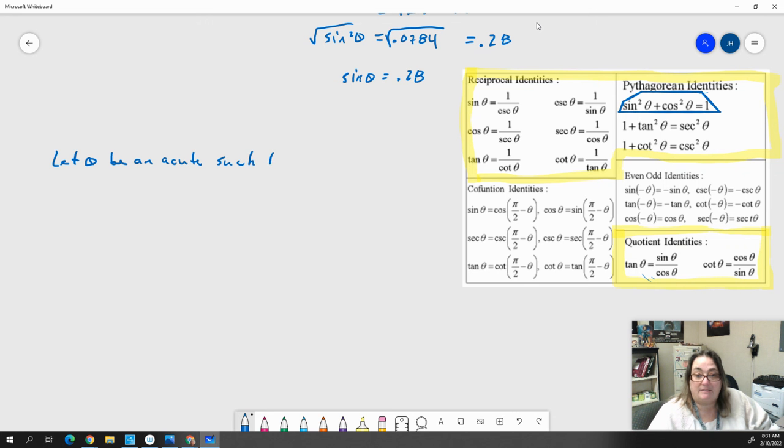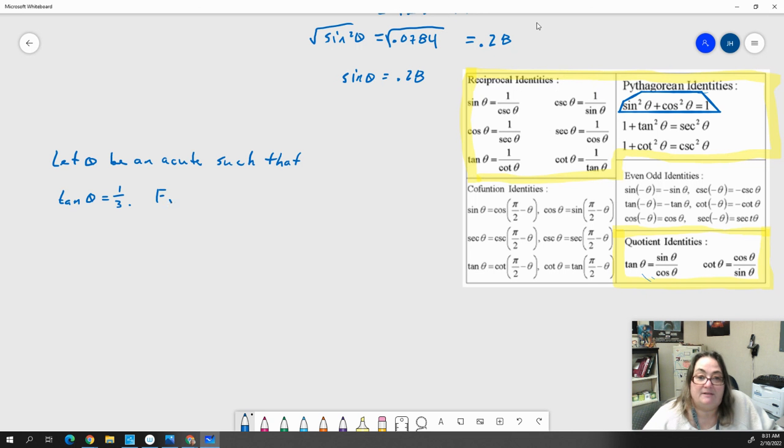Such that, I'm not used to writing such that. There's symbols for that in math. After a while, you don't write such that anymore. Tangent of theta equals 1/3.